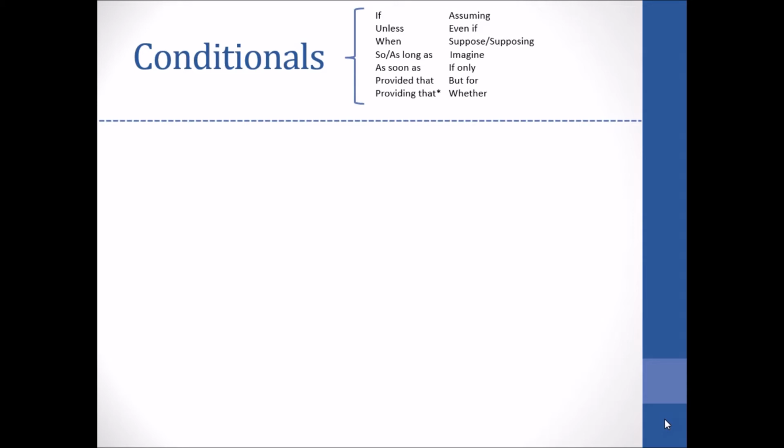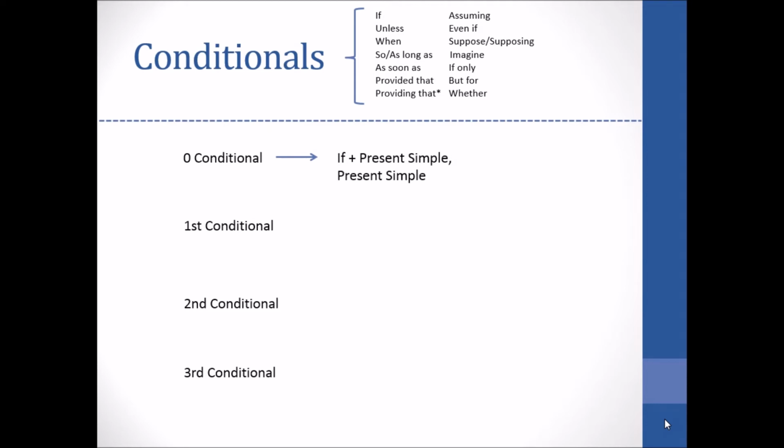So having discussed those options, let's move on to the conditional forms. We've got 4 different types: the zero conditional, the first conditional, second conditional, and third conditional. Let's start by talking about the form. The zero conditional is if plus present simple and present simple.